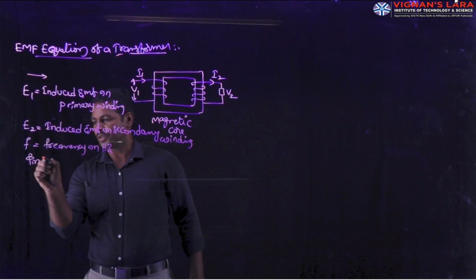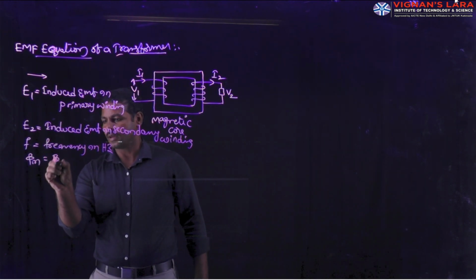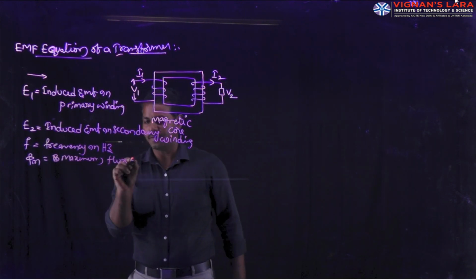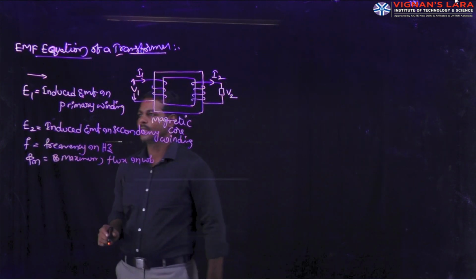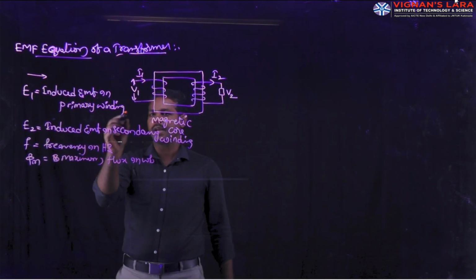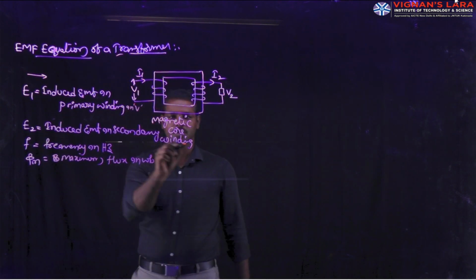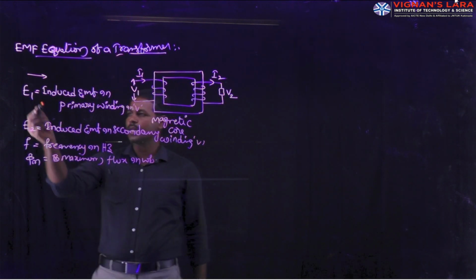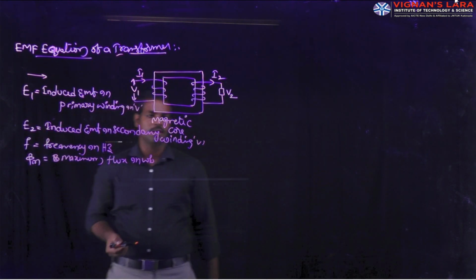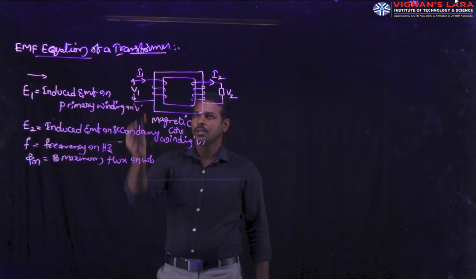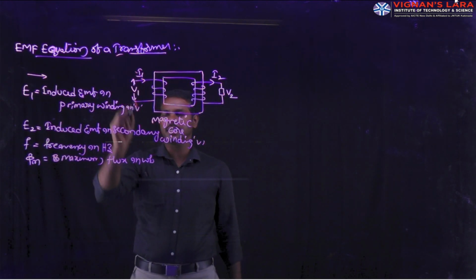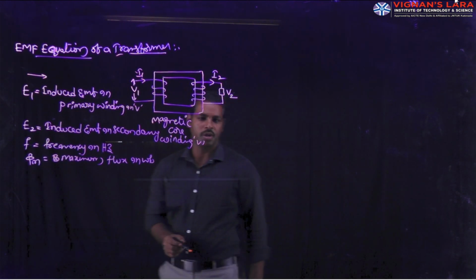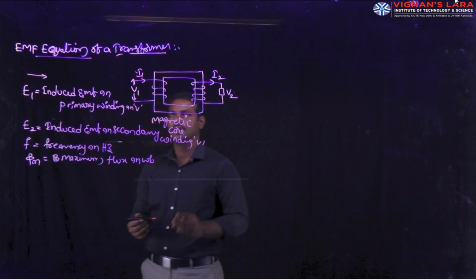Phi m is the maximum flux in Webers. The induced EMF in the primary winding is represented in volts. I1 is the input current, V1 is the input voltage, V2 is the load voltage, and I2 is the load current. These are the general notations of a transformer.